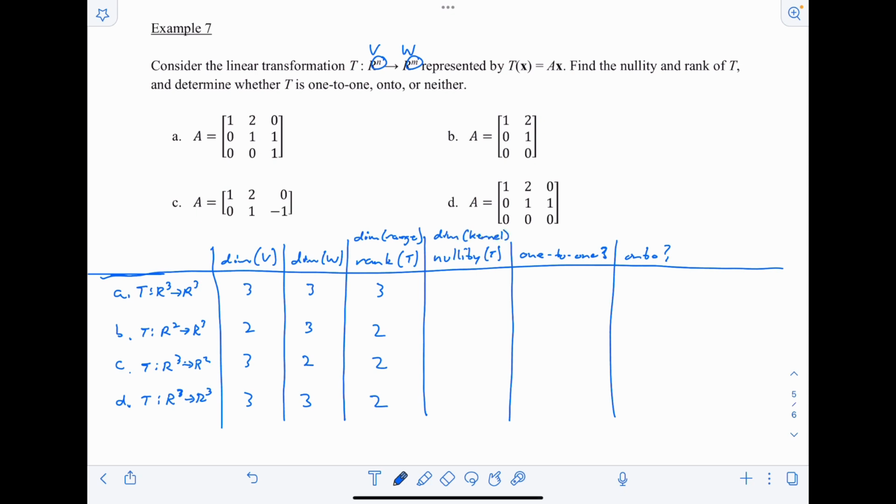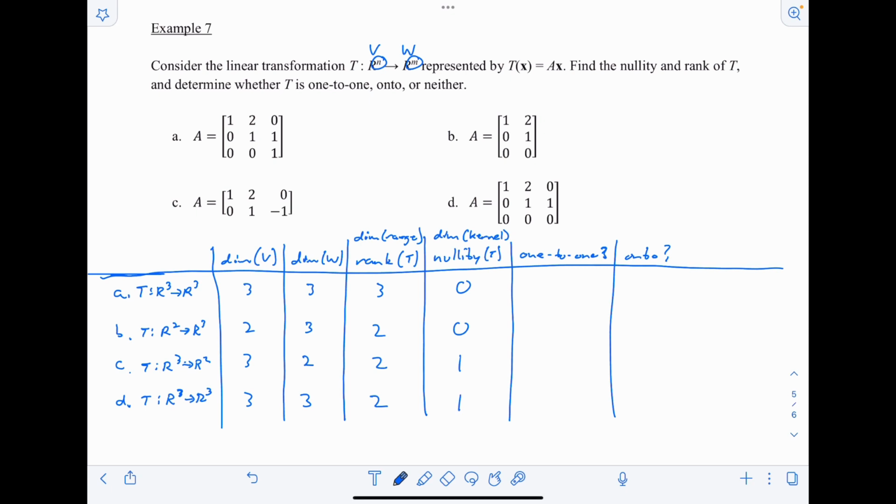And in this case, then we're looking at how many columns do not have a leading 1. So the first one, all the columns have a leading 1. So there's 0. B has 0. C has 1, the last column. And D has 1, also the last column.